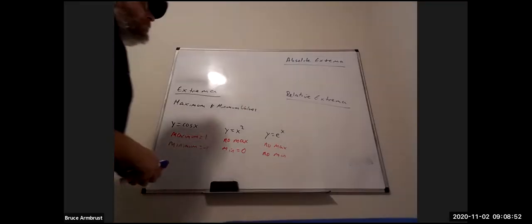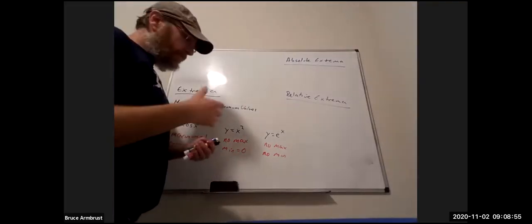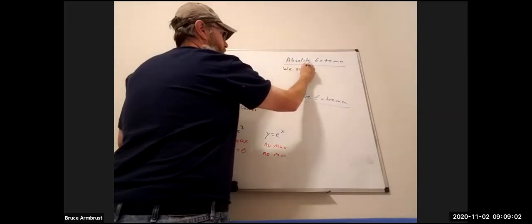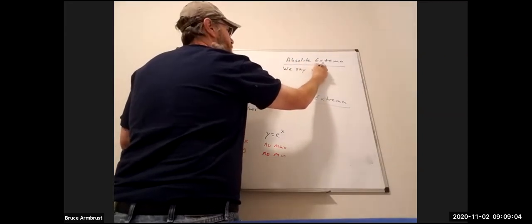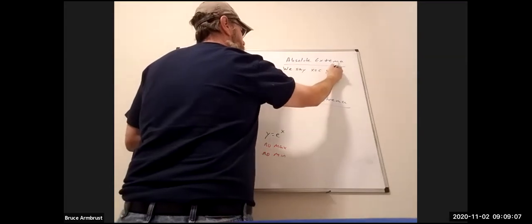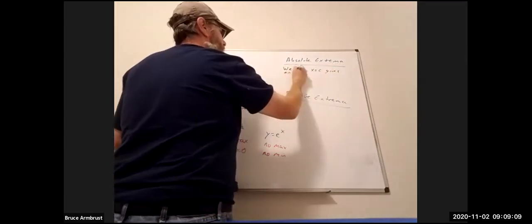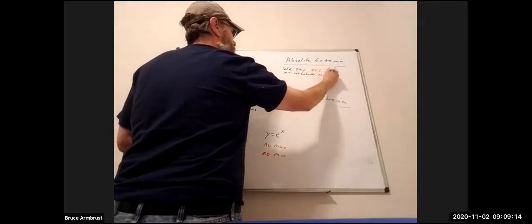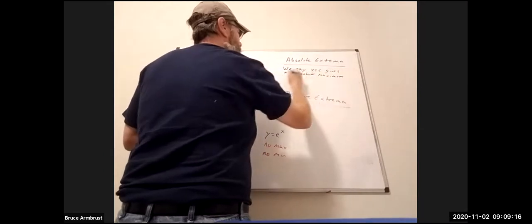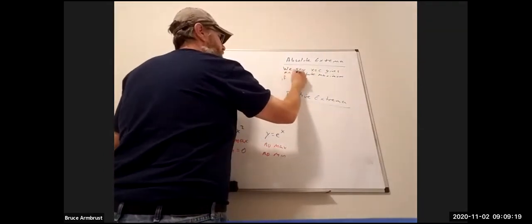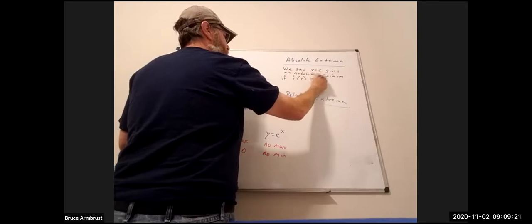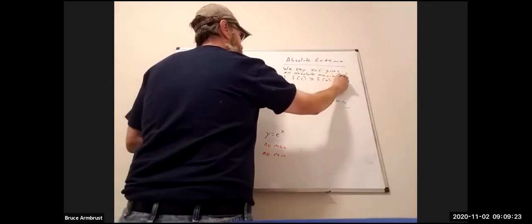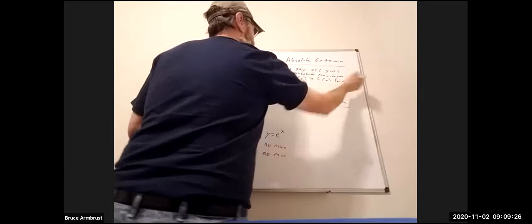All right, so relative extrema, absolute extrema, what do these mean? Okay, so an absolute max, I'm going to put it here, we say x equals c gives an absolute maximum if f of c is greater than or equal to f of x for all x.